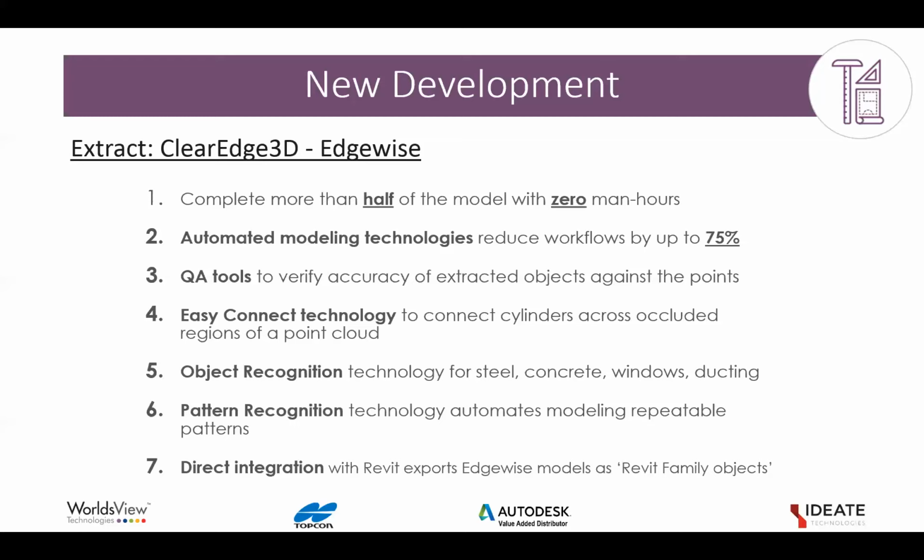And what is interesting also in Edgewise is that there is some pattern recognition. You know that, for example, for steel frame constructions, we have a repeated pattern across different directions in our steel frame project.